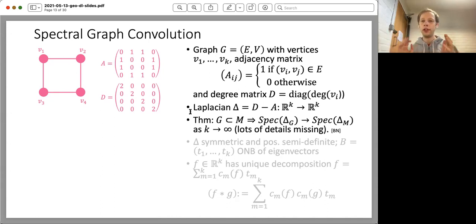Well, you can draw many parallels, but one theorem that I found nice is the following. If your graph is embedded in the manifold, then the spectrum of the graph Laplacian converges to the spectrum of the smooth Laplacian as the number of vertices tends to infinity. But first, making it precise, what does it mean for one spectrum to converge to another spectrum? That is hard.